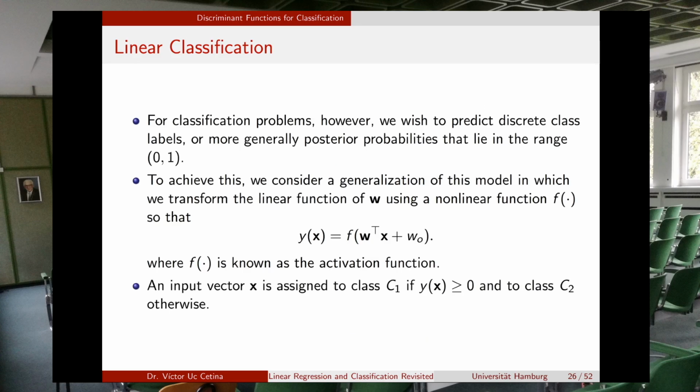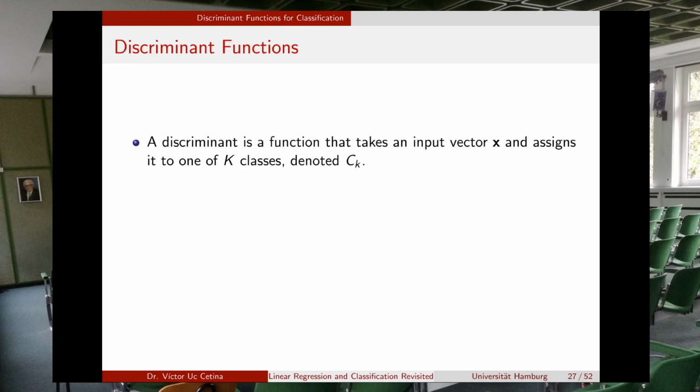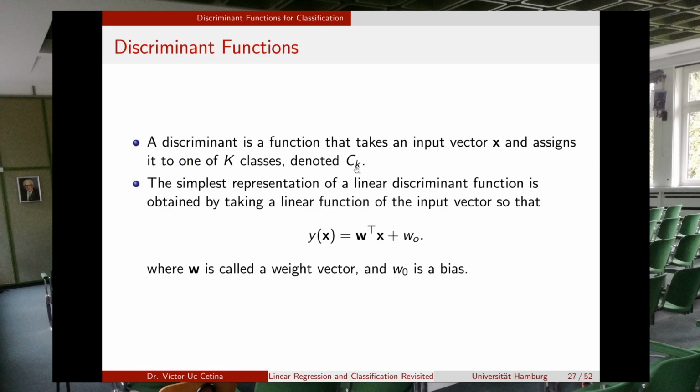So let's continue here. We talk at this point about the discriminant function. A discriminant function takes an input vector x and assigns this input vector to one of the k classes in our problem. In this case, we're going to denote that class by Ck, class k.